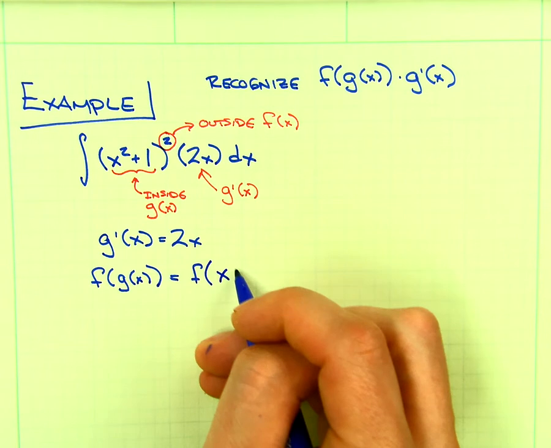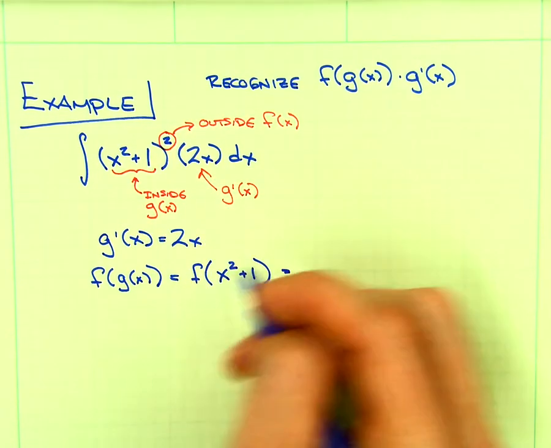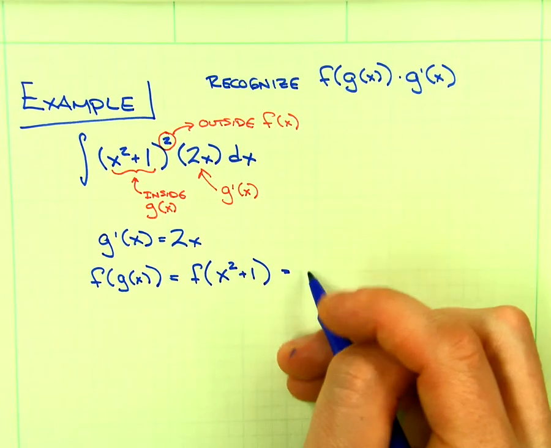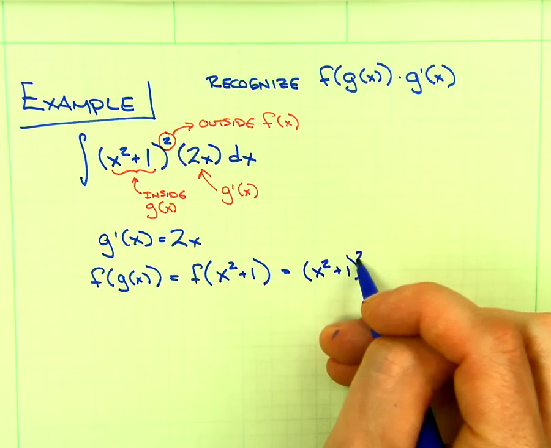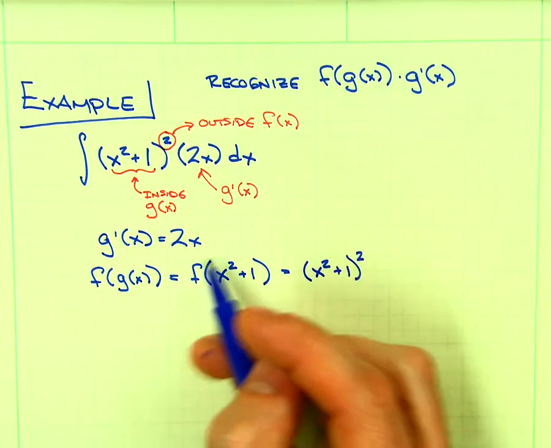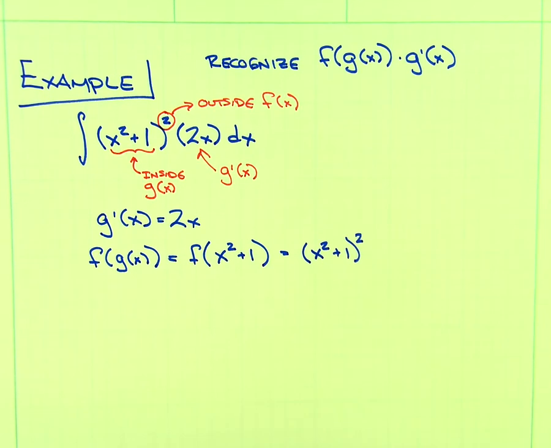I'm just going to plug that in, which is just going to be whatever is in here squared. So my entire function is going to be x squared plus 1, squared, because all my outer function is doing, f is just squaring whatever I put in there.